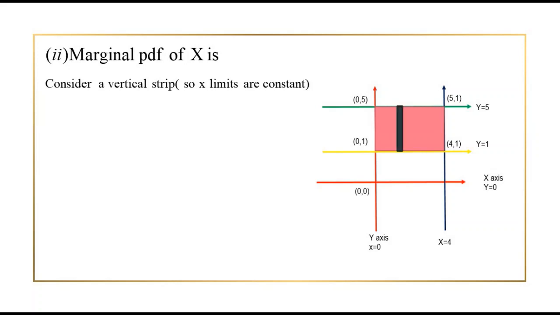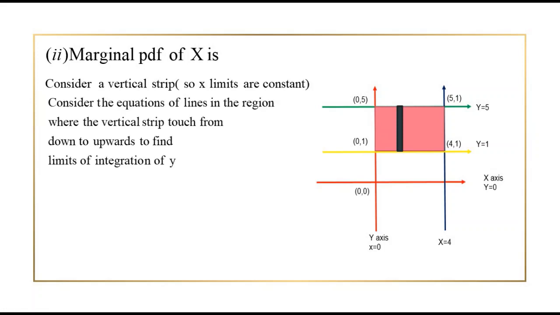When you consider a vertical strip, the limits of y are obtained by considering the base and the topmost part of the vertical strip. The base touches the yellow colored line, therefore the equation is y equal to 1. The topmost part touches the green colored line, which is the equation y equal to 5. Therefore we got the limits of integration of y, which is 1 to 5.